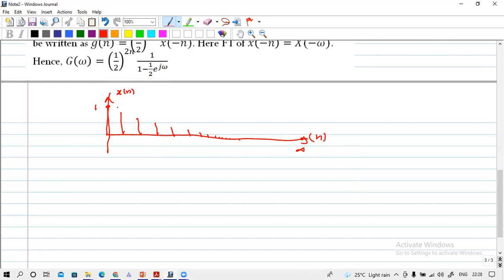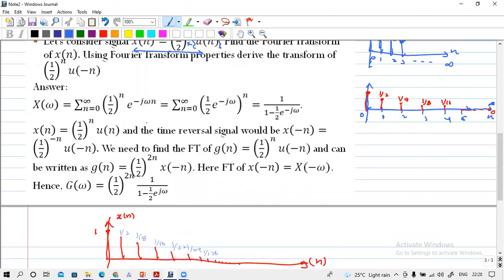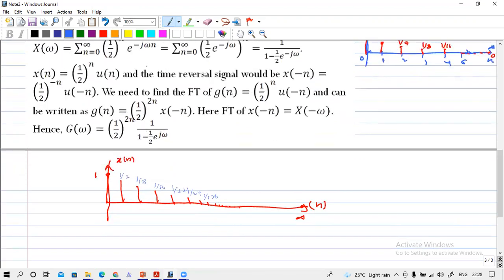It is 1 here, and here it is half, and here it is 1 by 8, 1 by 16, 1 by 32, 1 by 64, 1 by 128, something like this. So this is the discrete time sequence, and you have to find the Fourier transform.